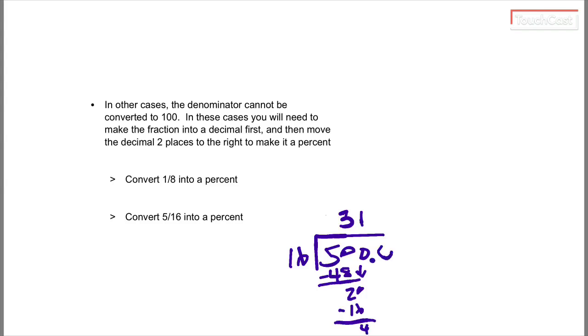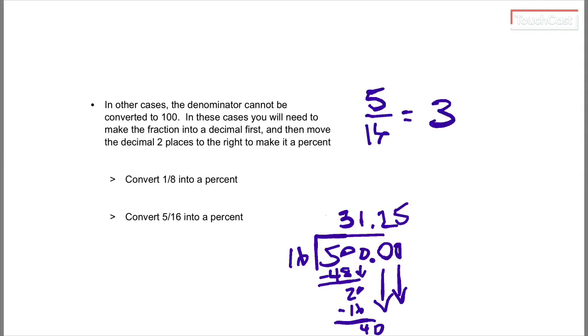Now we have to add a decimal and a 0, and we can keep adding those zeros. 16 goes into 40 2 times. We would get a remainder of 8. Which means that we're bringing down another 0. 16 goes into 80 5 times. So as a percent, 5/16 is 31.25%.